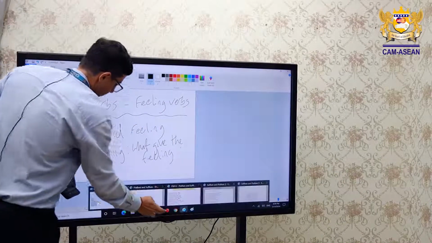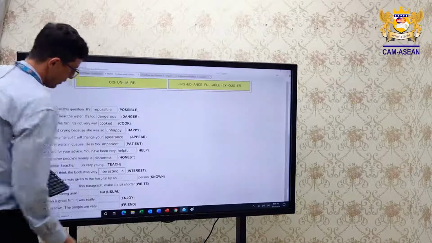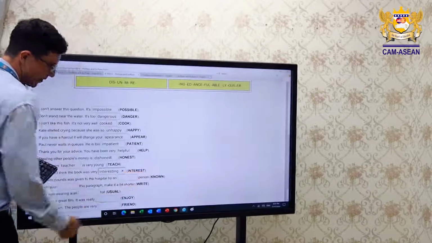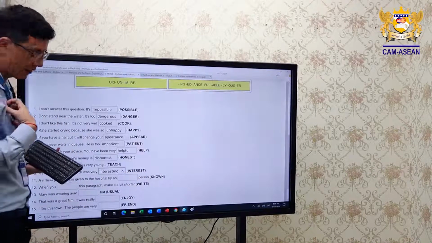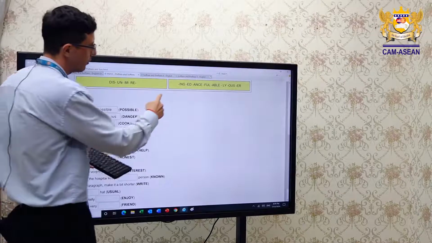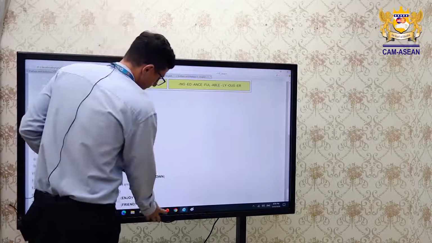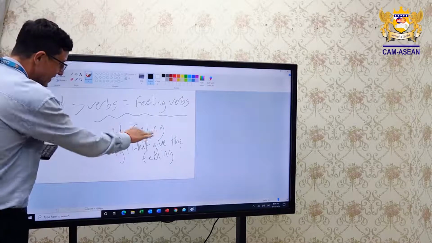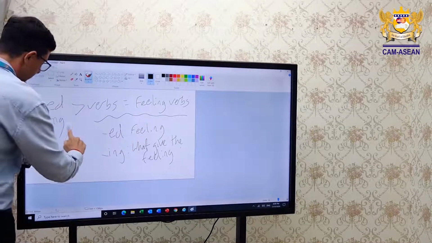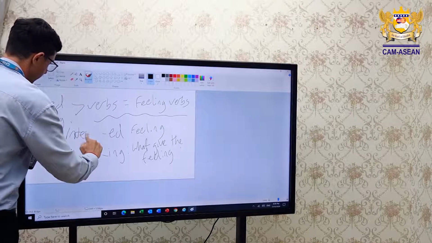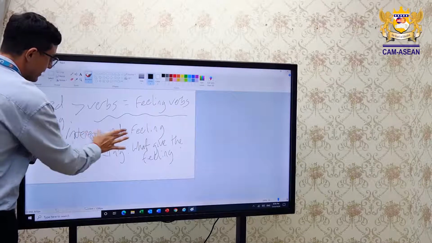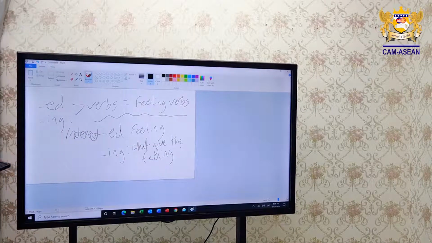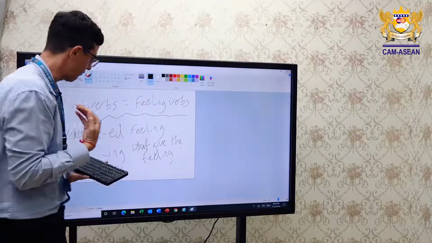So let's look at our exercise here. So we said interest. Interest is a feeling. So remember, when we're using feeling words, we have to change these. So interested is my feeling. Interesting, the thing, the person giving me the feeling.